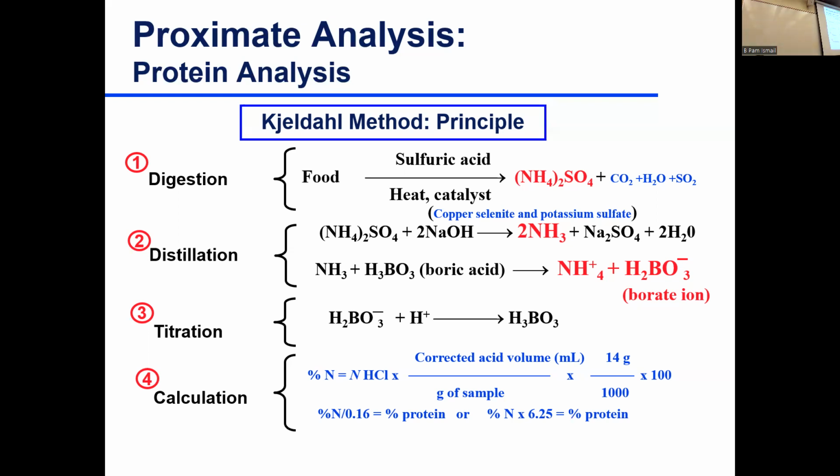So you're going to see a lot of fumes generated. Coleman's going to talk about the generation of fumes. Basically you're combusting your food into CO2, H2O, and SO2. However, your nitrogen is going to be fixed as ammonium sulfate. So that's the term you want to remember. We're following the nitrogen, we're following the amine group.